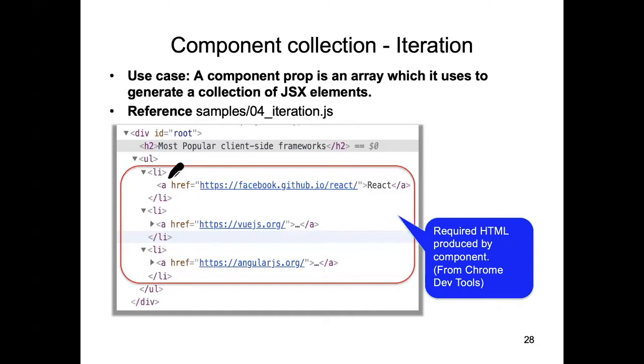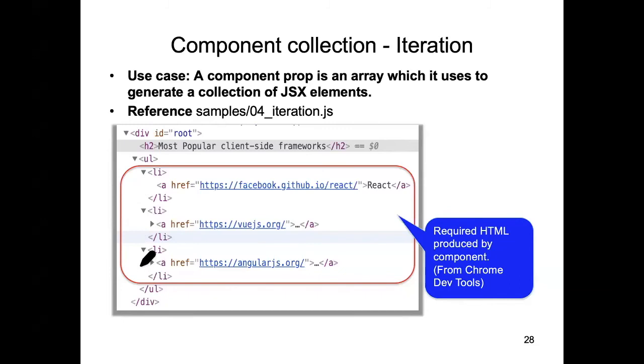It actually generates an array of Li elements, and the number of Li elements will be dictated by an array that is passed into it as a prop, and it iterates over that array. It's an ordinary data array, and it uses that data array to generate some JSX output.